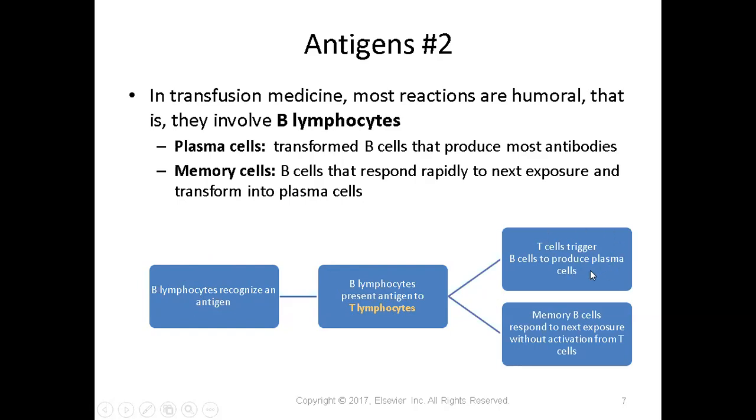And remember, the plasma cells actually make the antibody, and then some of those B cells will become memory cells, so that on subsequent exposures, if that happens down the road, the antibody can be produced much more quickly, and the T cells don't even have to be involved anymore, okay, because these memory cells remember what to do.